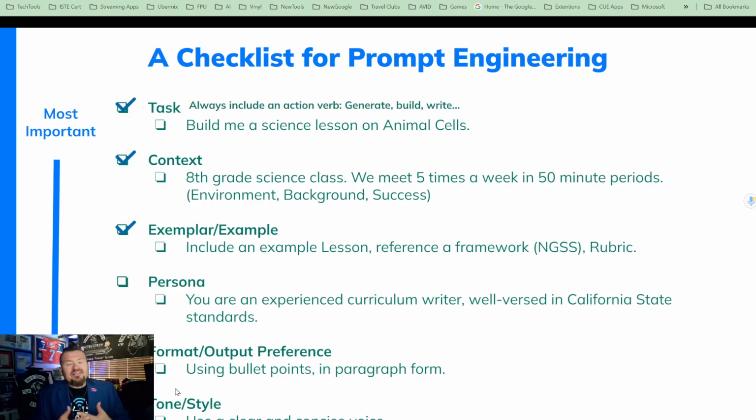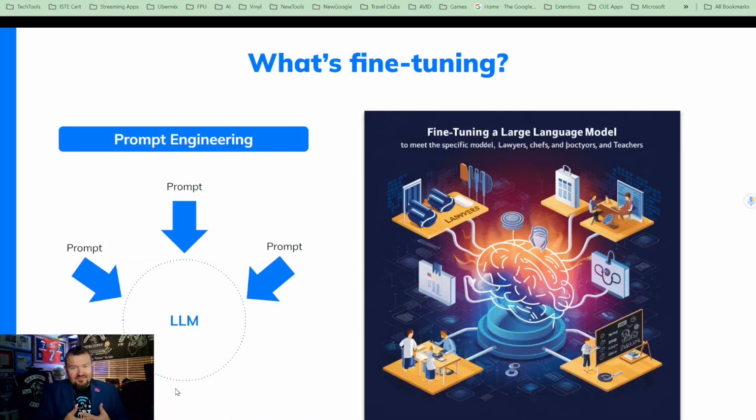But there is no answer to how to write a best prompt. It just takes time, practice, and persistence. And then finally, fine-tuning. What is fine-tuning? Well, fine-tuning is a technique that is used for using large language models for a very specific case.